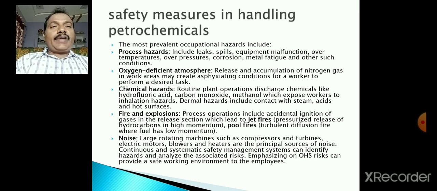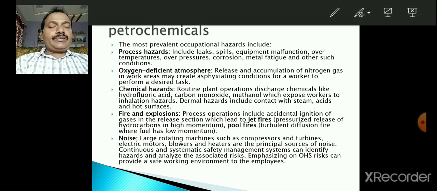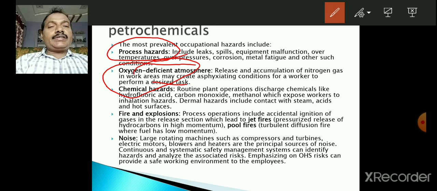The most prevalent occupational hazards are process hazards, oxygen deficient atmosphere, chemical hazards, fire and explosion hazards, and noise hazards. These are the different hazards we find in industries.